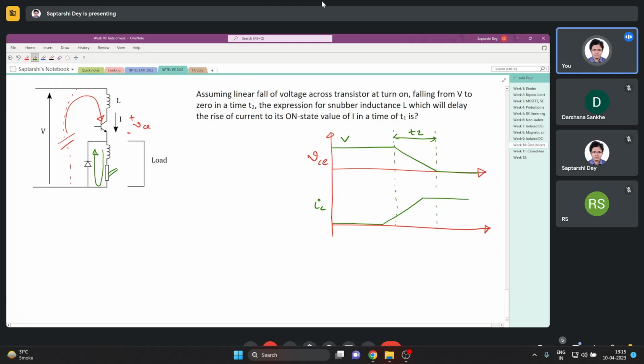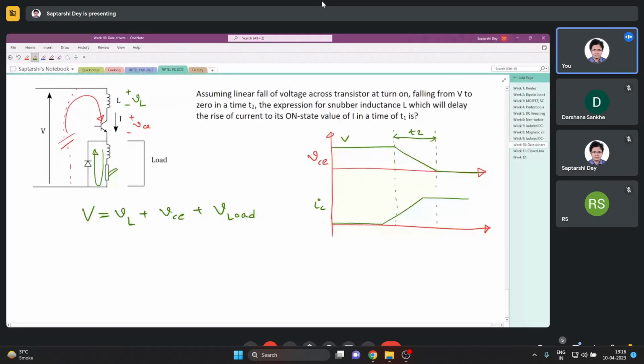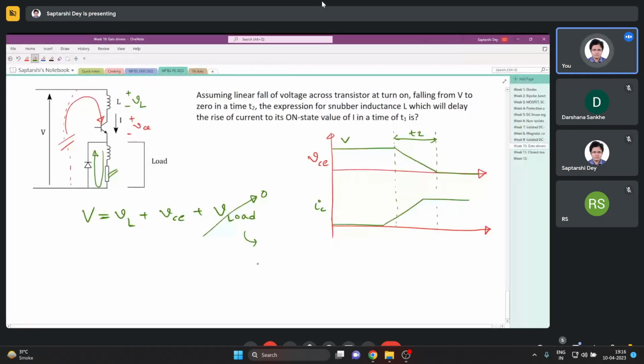So what I mean to say is, if I write KVL, V equals VL plus switch voltage VCE plus V load, this last term can essentially be taken as 0. Why? As I said, there are two possibilities.